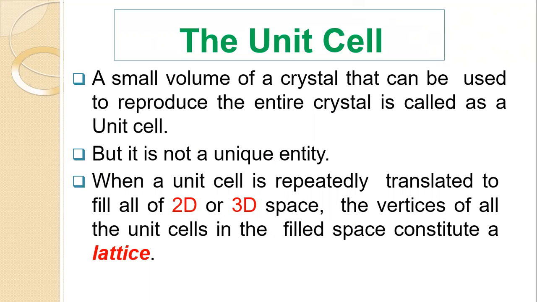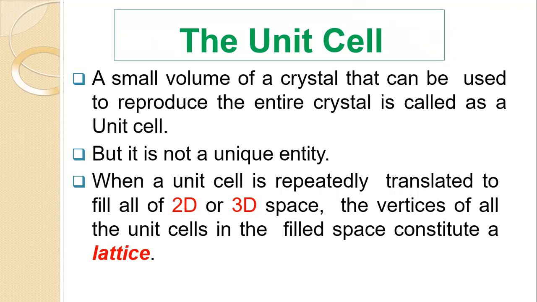When a unit cell is repeatedly translated to fill all of the 2D and 3D space, that is two-dimensional space and three-dimensional space, the vertices of all the unit cells in the filled space constitute a lattice, which contains a lattice structure.